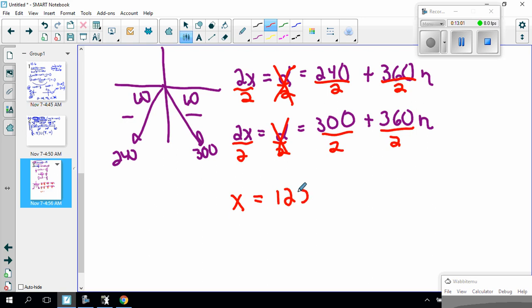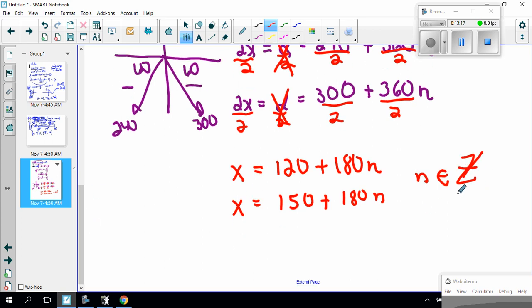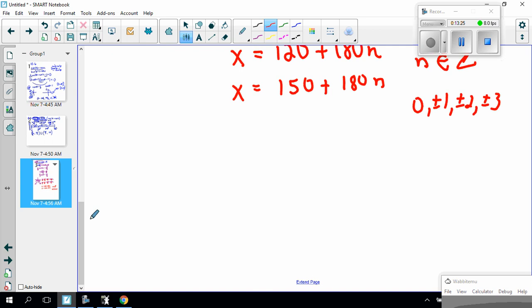x equals 120 plus 180n, and x equals 150 plus 180n, where n is an element of the integers, double bar Z. The integers are just 0, plus or minus 1, plus or minus 2, plus or minus 3. It generates all the solutions to this problem.